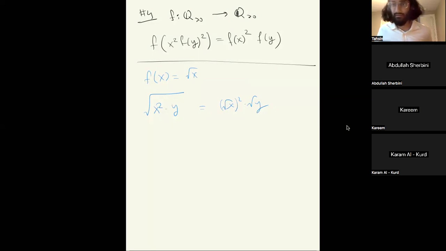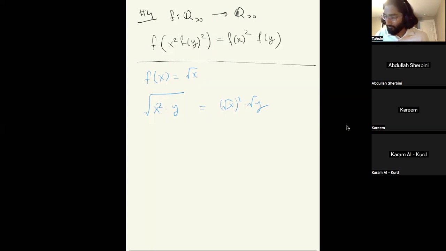Okay, so any ideas? What did you guys try? Even if it didn't work, what kind of things did you try? Replacing x and y with 1. Yeah, great. So let's start with that.